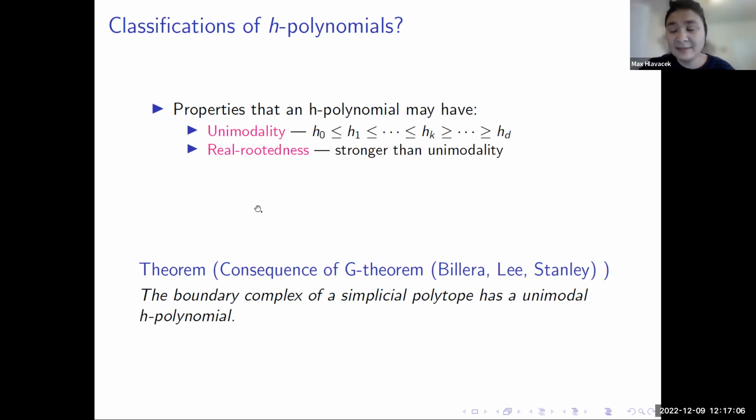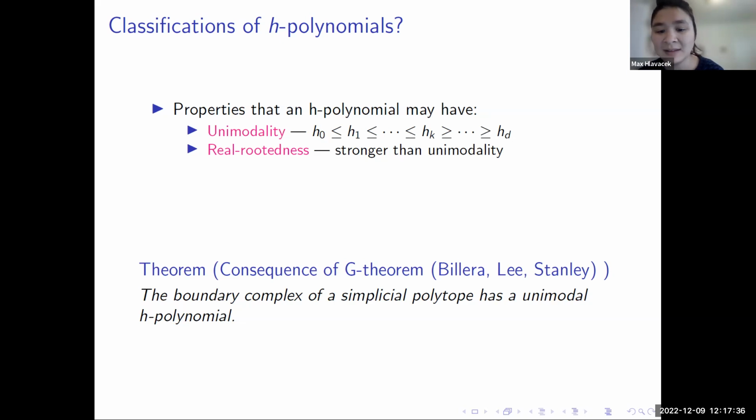I think the foundational result in discrete geometry that has to do with the H polynomials of simplicial complexes is this g-theorem by Billera, Lee, and Stanley. What I have on this slide is a consequence of the g-theorem, stated in the words used on the top half of this slide. First, I realized I have not defined a simplicial polytope.